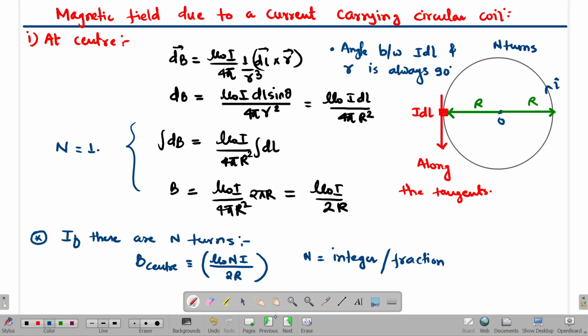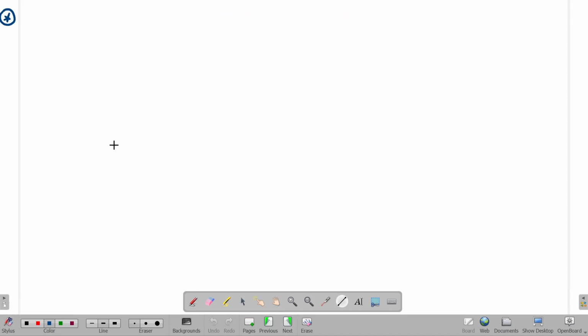But the question arises that if you have given this answer, then what about the radius R? Let's suppose in between these two points there is an arc over here, and in this arc there is some kind of current which is flowing.